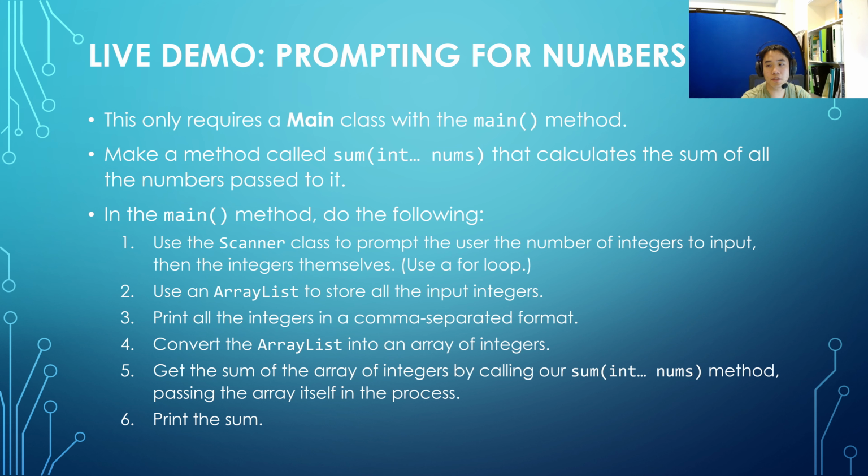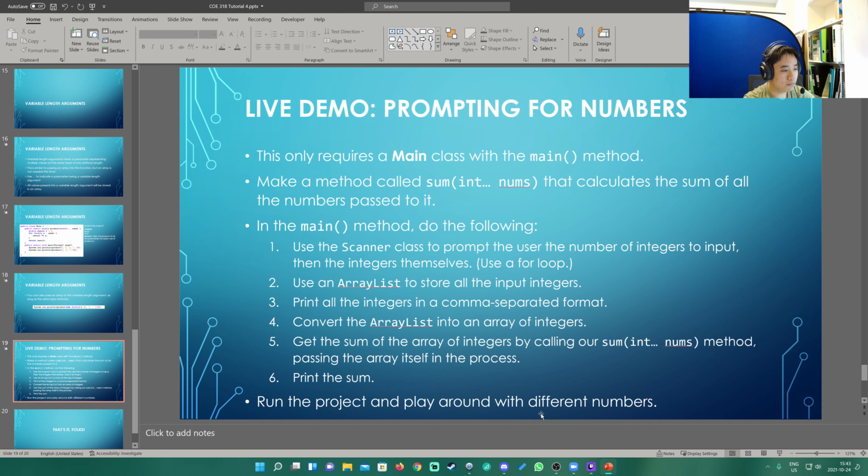There are different ways to do it, but I will explore which one to use. And I will then convert the array list into an array of integers and call the sum method to print the sum. Okay, so that's about it. First things first, let's go ahead and open up NetBeans.